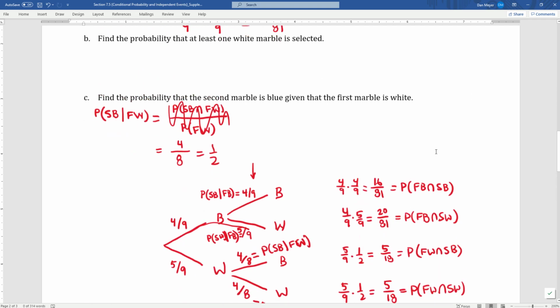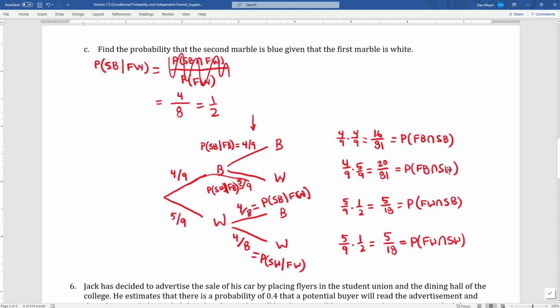At least one white marble was selected. I think in this second line we had the second marble was white. In the third branch we had the first marble was white, and in the fourth branch we had both of them white. So these three events are disjoint, or mutually exclusive. These 3 mutually exclusive events are the at least one white.